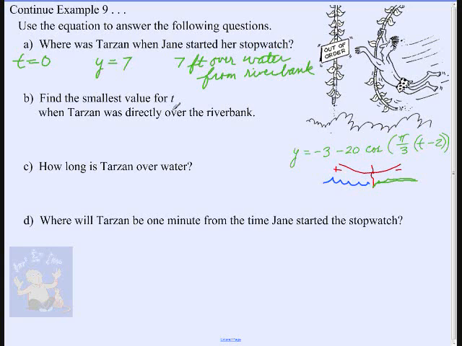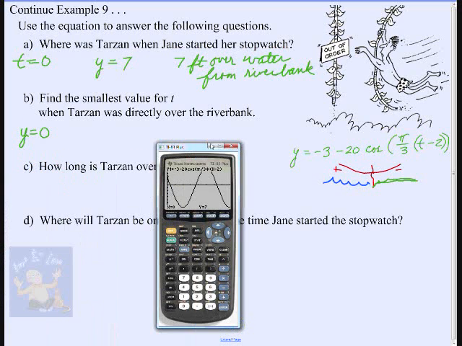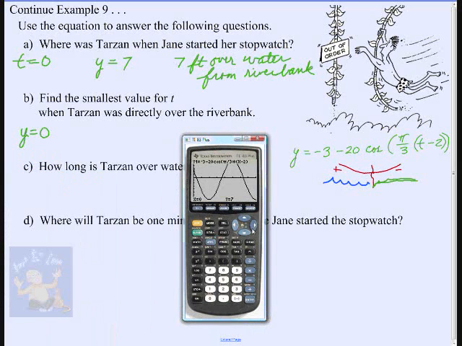Find the smallest value for t when Tarzan was directly over the riverbank. That would be right here. That would be 0. That's y equals 0. Let's use our trace function again. Where is it that y, that's pretty close, 0.326.